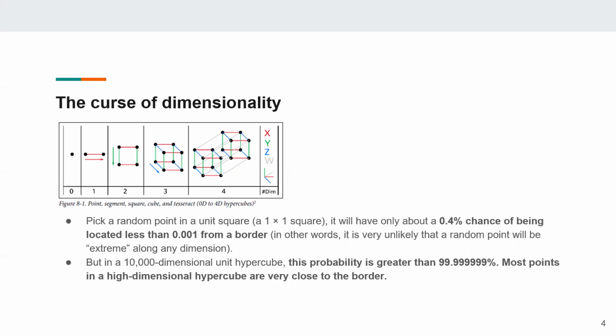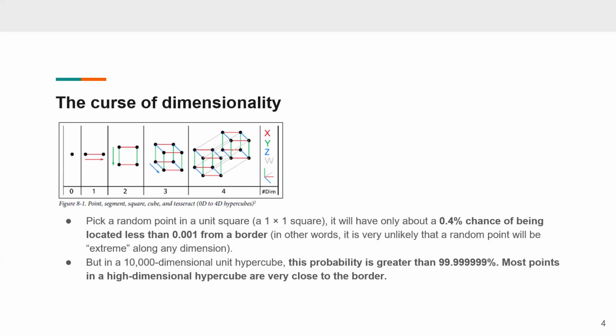Nevertheless, let's think about some theory here. If you pick a random point in a unit square in two-dimensional space, it will have only about a 0.4% chance of being located less than 0.001 from the border. In other words, it is very unlikely that a random point will be extreme along any dimension.